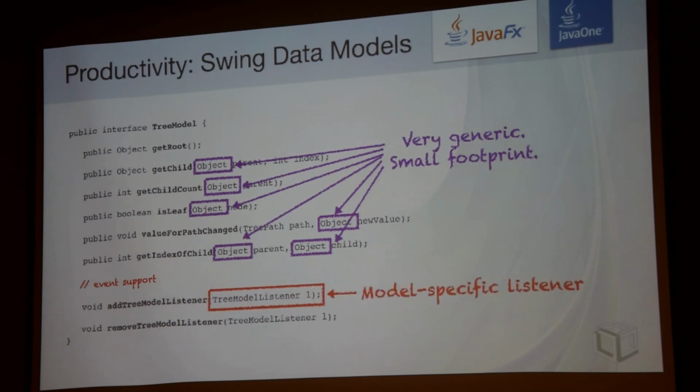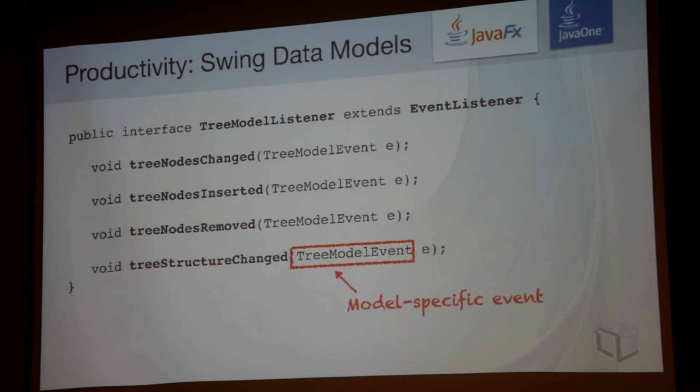And here in the model, you can also see that you needed a model-specific listener. So you had a listener for the tree, one for the table, one for combo box, and so on. And then in the listener interface, again, you had 4 methods that reacted to different types of events. And again, you had a model-specific event object right here.